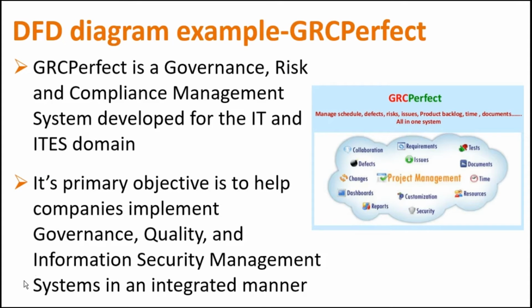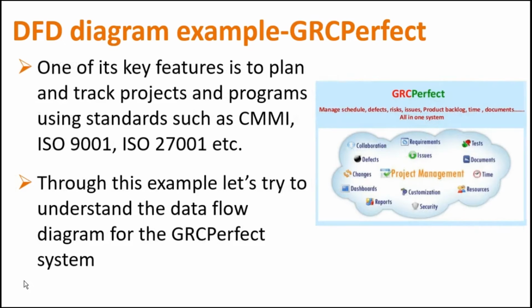Now just to brief you, GRC Perfect is a governance, risk and compliance management system developed for the IT and IT-enabled services domain. The primary objective of GRC Perfect is to help companies implement governance, quality and information security management systems in an integrated manner.